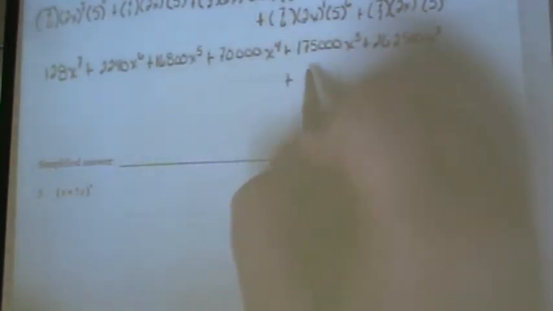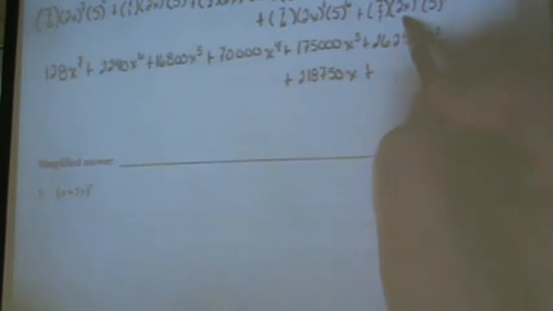And I'm running out of room, so I'm going to continue down here, plus your next part being simplified gives you 218,750 x. And your final term, this combination gives you a 1.